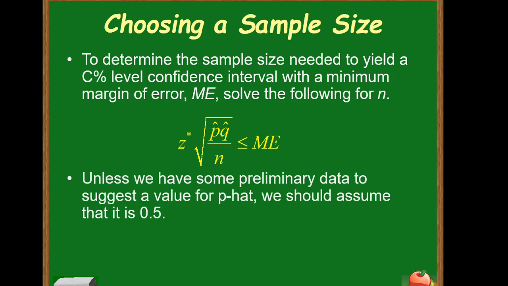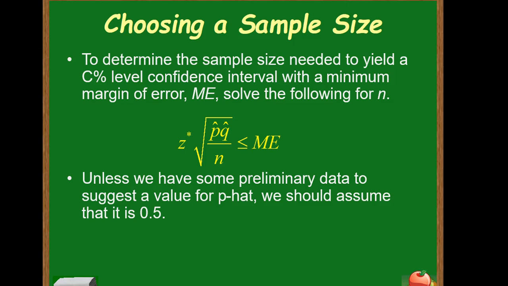So unless we have some preliminary data to suggest a value for p hat, we're usually going to assume that it is 0.5. Now, we might have done another study with a smaller sample prior to beginning, so we might have an idea of what we want p hat to be, but usually we don't have any idea what p hat or q hat are going to be, so we'll set them to be 0.5.